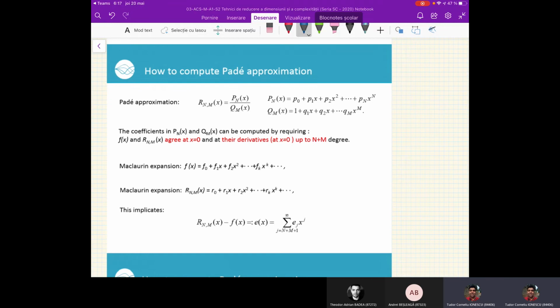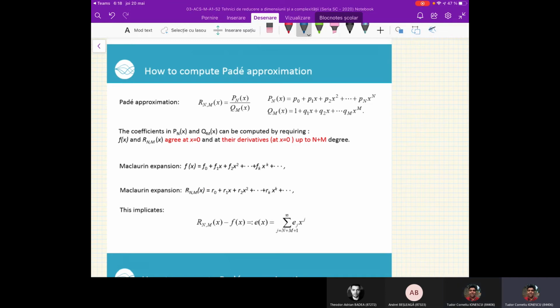So, for Padé approximation, you build these two polynomials, Pn and Qm. How do you compute their coefficients? This is the important thing. You require that f(x) and Rnm(x) agree at x equal to 0, and their derivatives up to n plus m degree at x equal to 0. So you have a Maclaurin expansion.